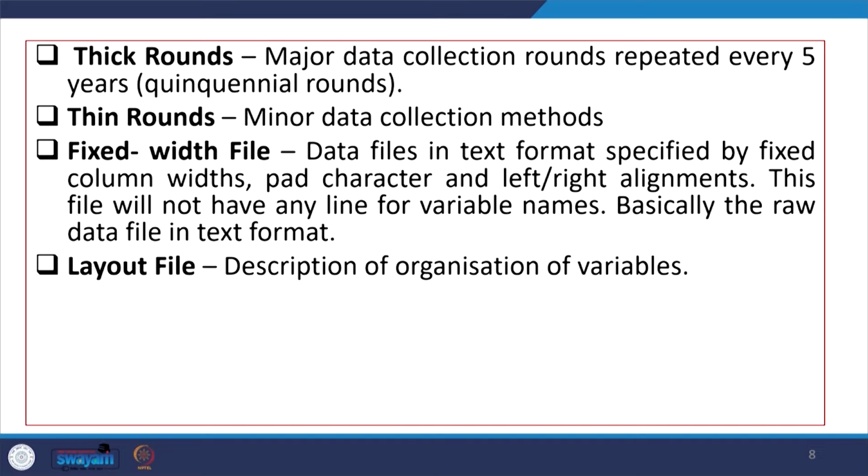This file will not have any line or variable names. Basically, the raw data file in text format is called a fixed width file. I will also be explaining those things when dealing with these schedules and the data sets from the raw text data.